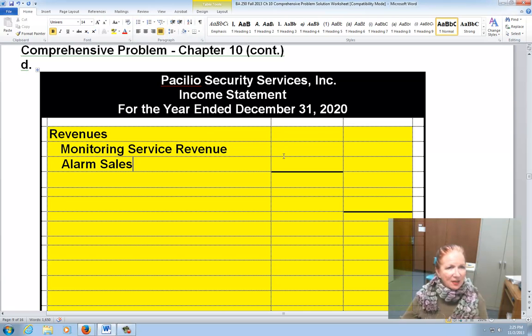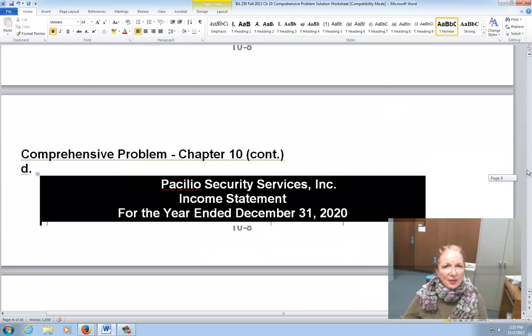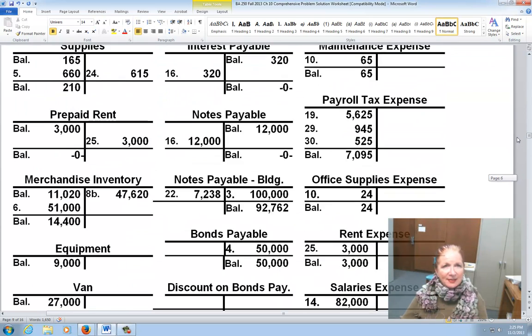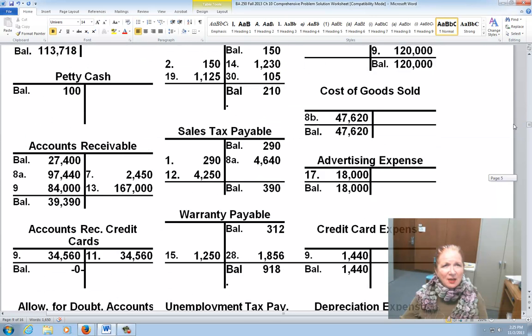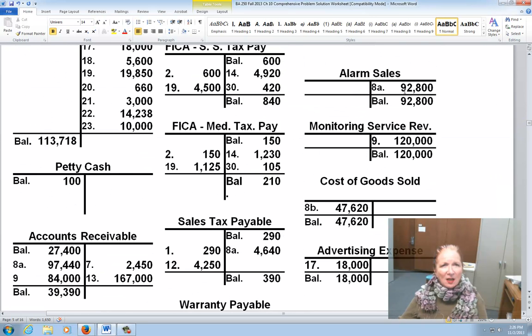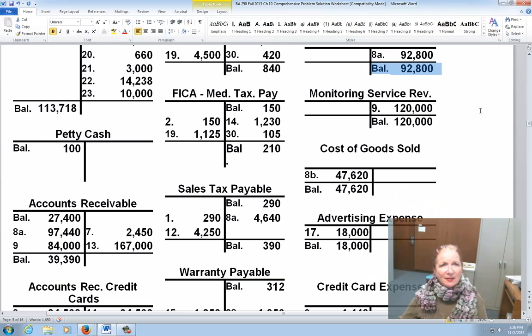So then I have to come over here, and now I need to go find these two. They're going to be over in the revenues and expenses. So here's the expenses. So as I go up, there's alarm sales were 92.8 right here, and monitoring were 120 right here. So I'm going to go put those in to the income statement.